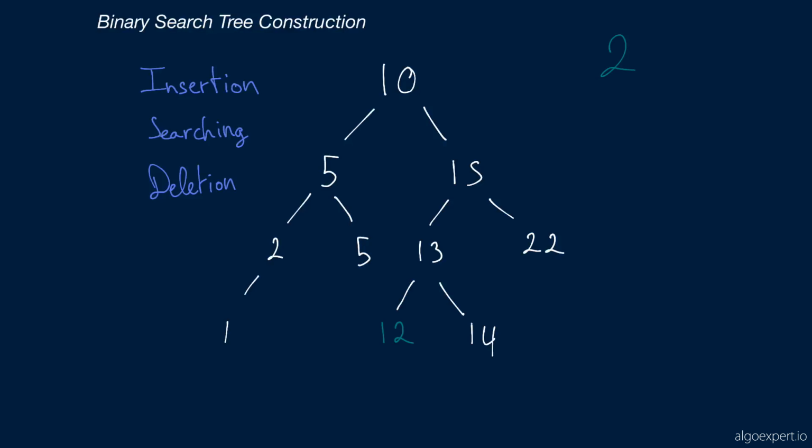But now the hard case happens when you want to remove a node that has 2 fully non-null children nodes. So let's say that we wanted to remove the number 10, which happens to be the root node here. If you want to remove the number 10 here, you can't just erase it, because what happens now?